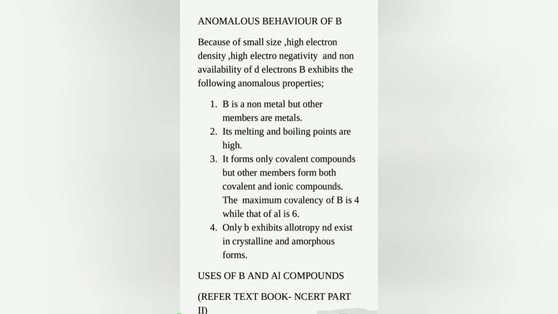The boron-10 isotope has a high ability to absorb neutrons, and therefore metal borides are used in the nuclear industry as protective shields and control rods, and it is used for making heat-resistant glass like Pyrex, glass wool and fiberglass. So these are the important uses of boron and the other members like aluminium.